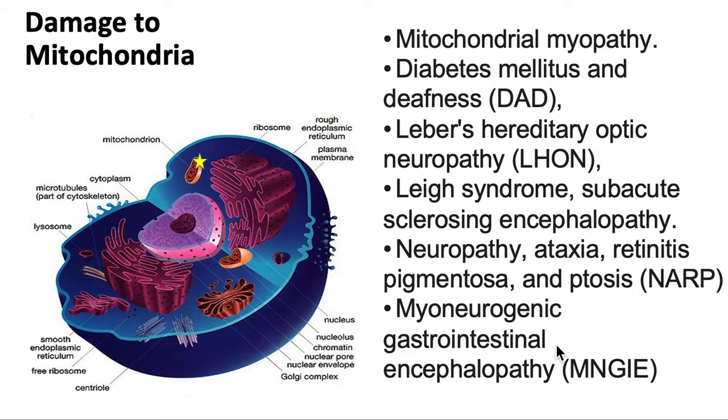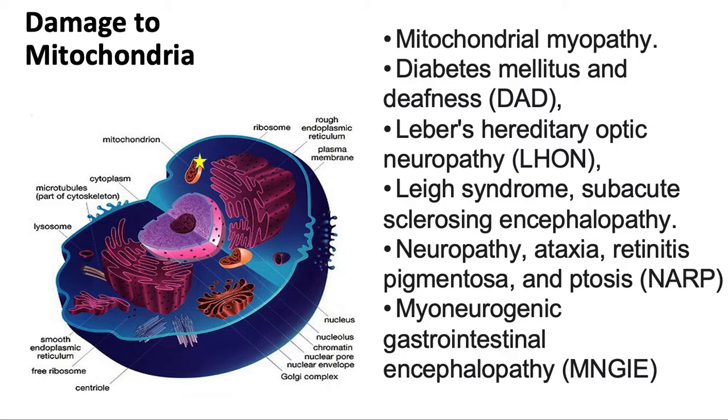Another important organelle in the cell is the mitochondrion. Mitochondria, shown by the yellow star, are well known as the powerhouse of the cell because the mitochondrion plays a role in the production of ATP.